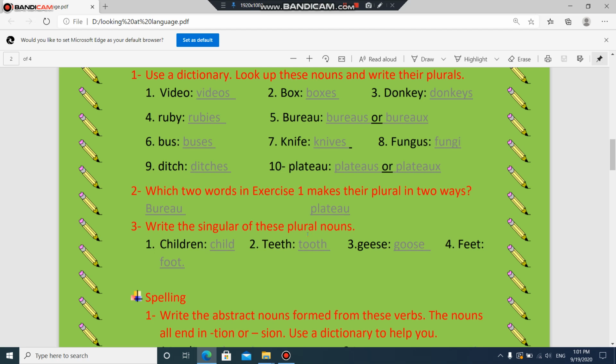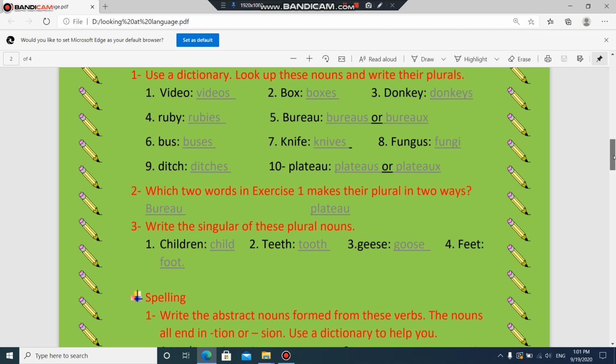Okay guys, tooth, teeth. Okay, so guys, children is a plural, child is singular, so child is the singular of children, teeth, tooth. Okay guys, you have to memorize, there are just 4 nouns you need to memorize.